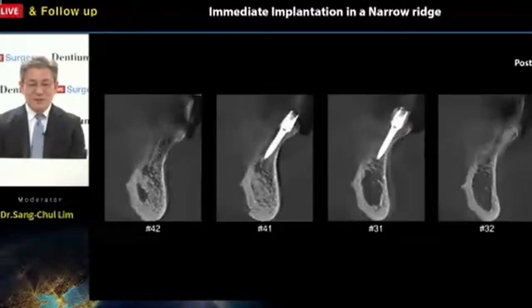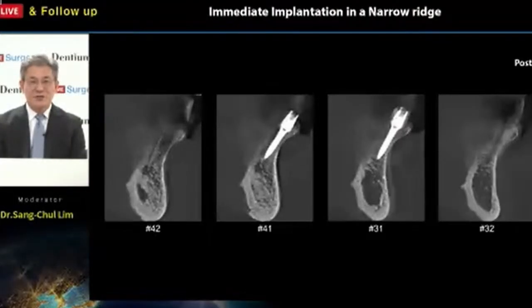What about the cone-beam CT view? Very nice, well done insertion on number 41 and 31. That is the reason for choosing these installation sockets. As you know, number 32 and 42 is okay. However, 41 and 31 are better than the remaining sockets.